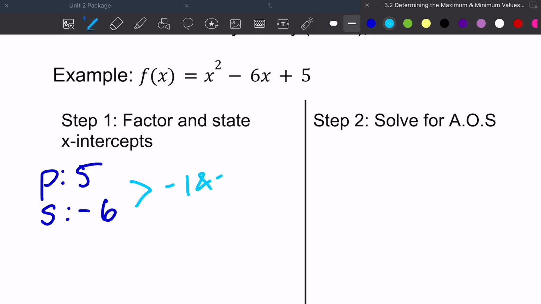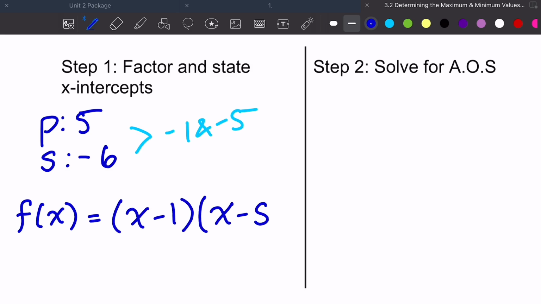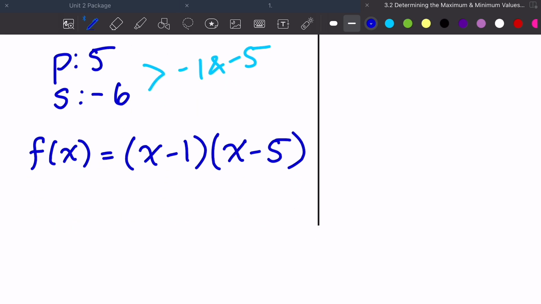Negative 1 and negative 5. I think that works, because negative 1 times negative 5 is positive 5. Negative 1 plus negative 5 is negative 6. Okay. So now my brackets are going to be x minus 1, x minus 5. And then your two zeros are happening when y is equal to 0.